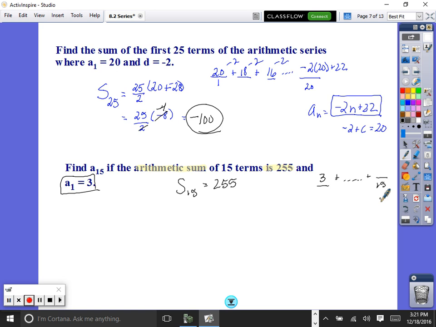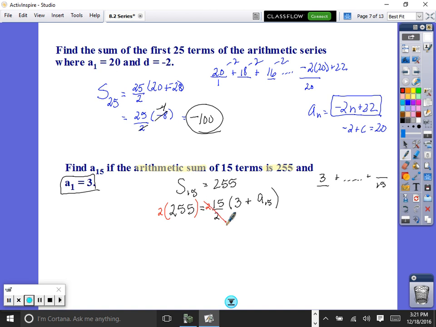So this sum is 255, so I can put a 255 here, which should equal, since it's arithmetic, n, which is 15 of them, halved, times the first term plus the last term, which would be my 15th term. If I double, I get rid of that 2.